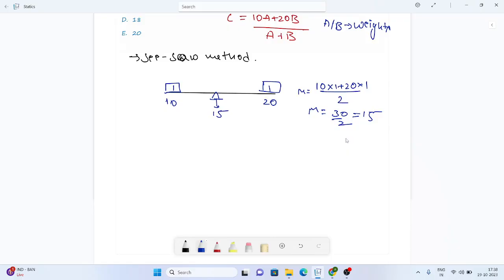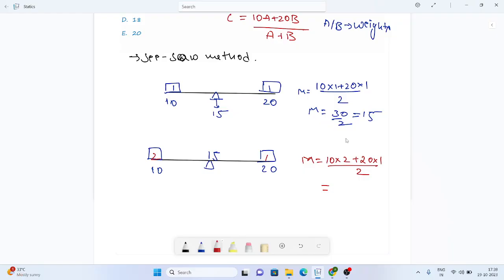Now what I do, this is 15, right? This is 10, 20. Now if I provide more weight to 10 and then calculate the mean, what is the mean? 10 into 2 plus 20 into 1 divided by 3, which gives 40 by 3 or 13.33, right?